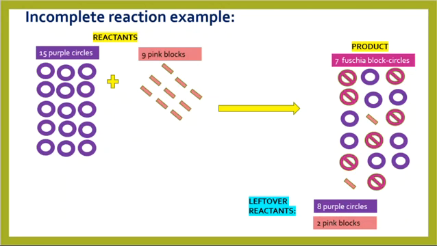If the particles were in solution, maybe there was too much water and not enough concentration of particles to allow for them to come in contact. So in this case, we end up with 8 purple leftover circles and 2 leftover pink blocks. This diagram illustrates an instance of how actual yield could be less than theoretical yield.